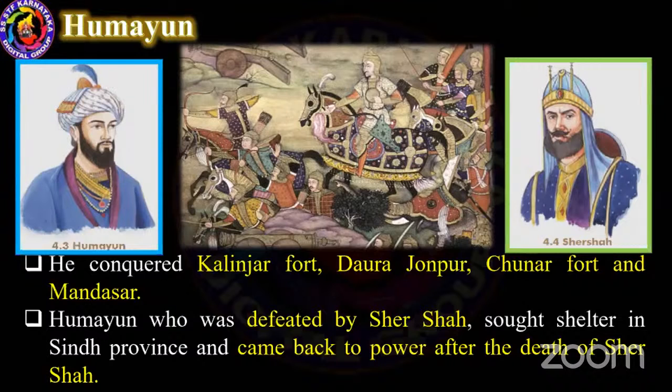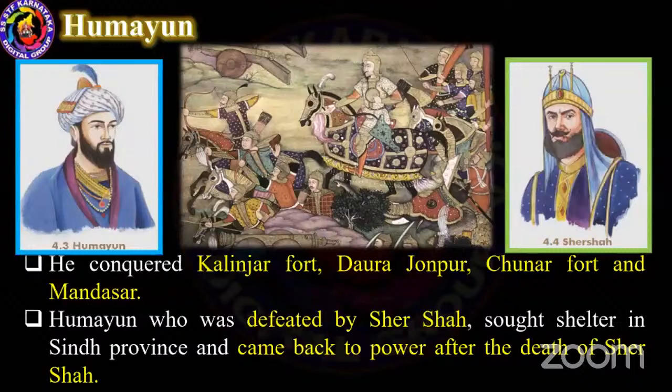He defeated Humayun and ruled for only five years, from 1540 to 1545. In this period, Sher Shah Suri brought a lot of reforms, which we will discuss under his administration. Now focus on Humayun.